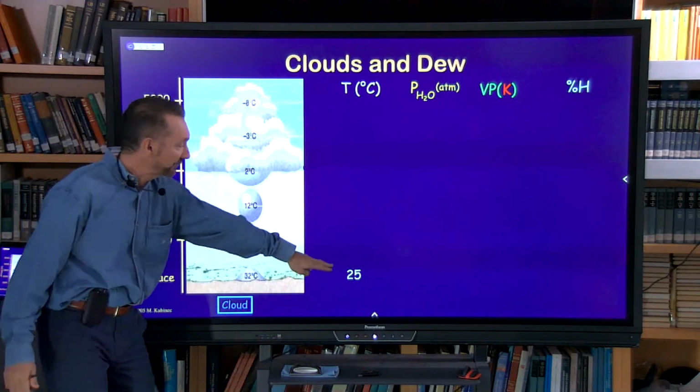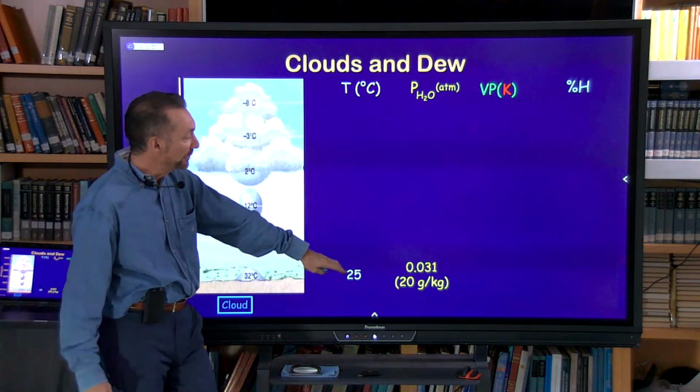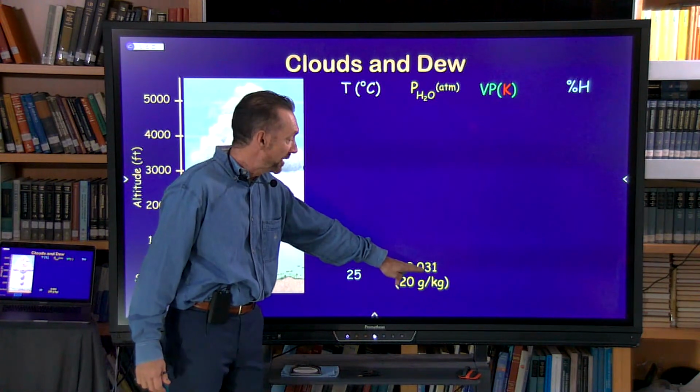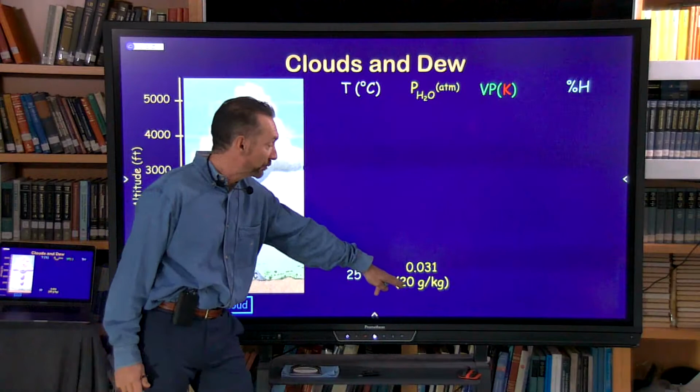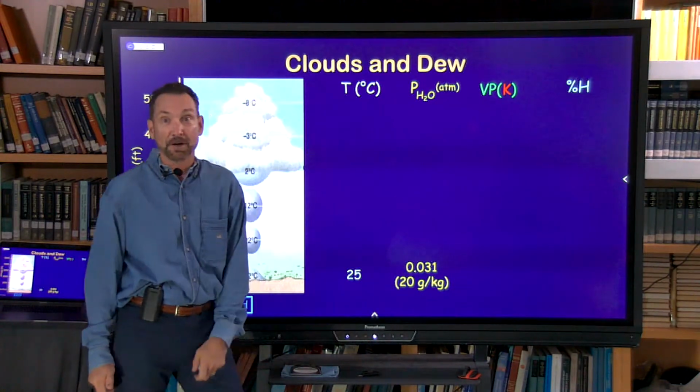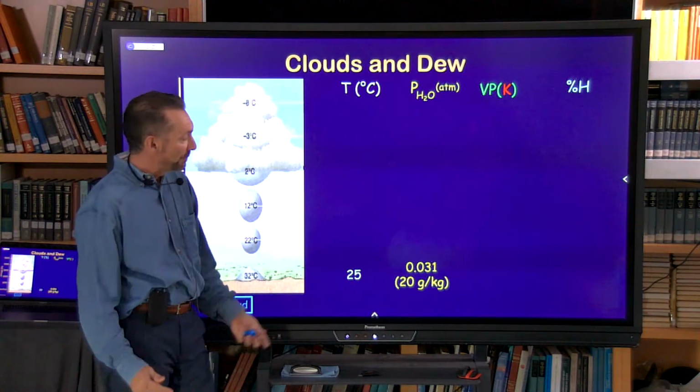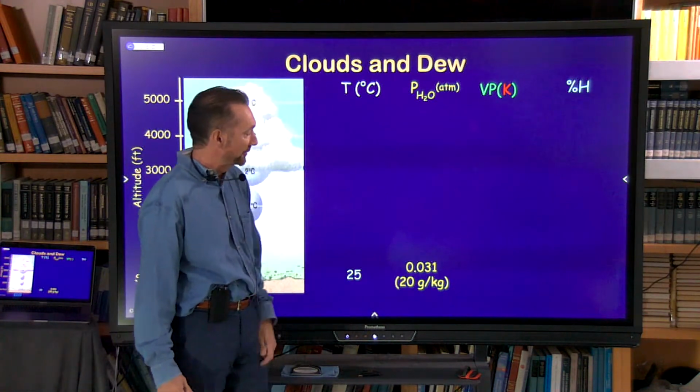So at 25 degrees C, the equilibrium condition is 0.03 of an atmosphere, and we've figured that out to be about 20 grams of water per kilogram of air. Not particularly useful, but that's how meteorologists do it.